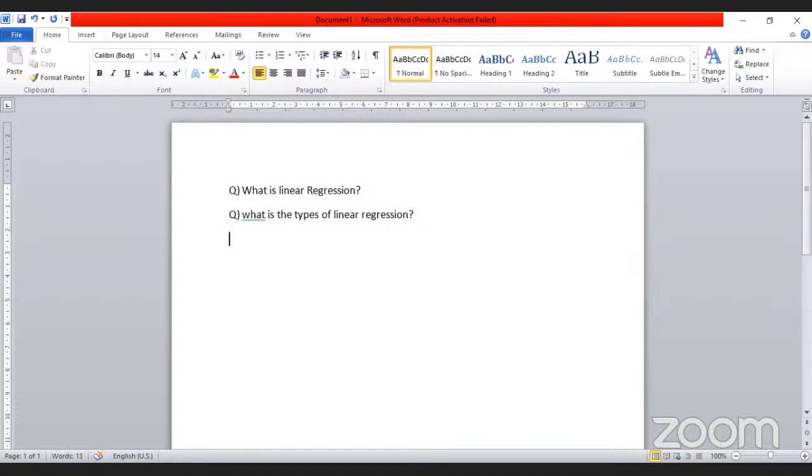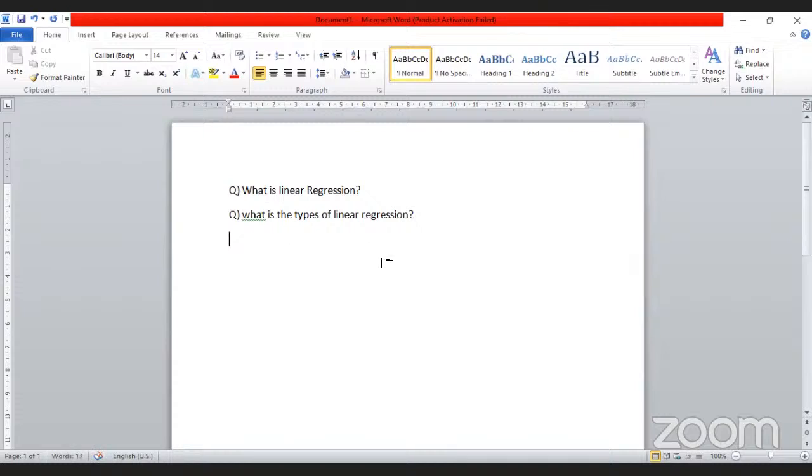Simple linear regression means when we have only one input variable. And multiple linear regression means when we have more than one, like 2, 3, 4 independent variables.